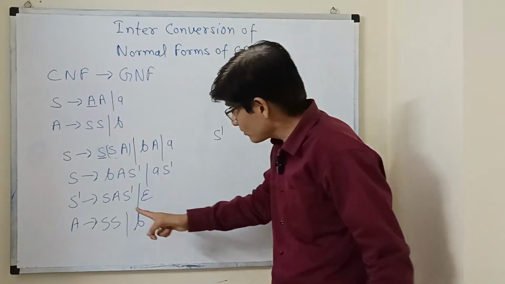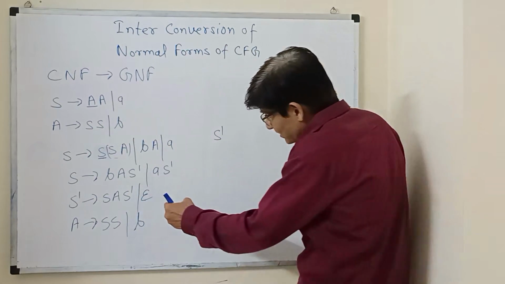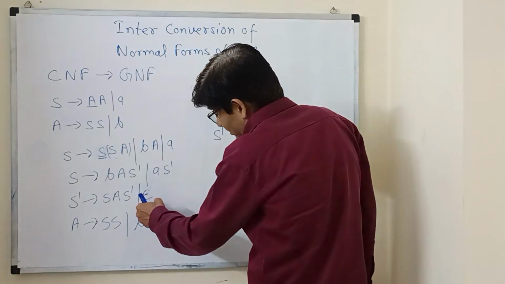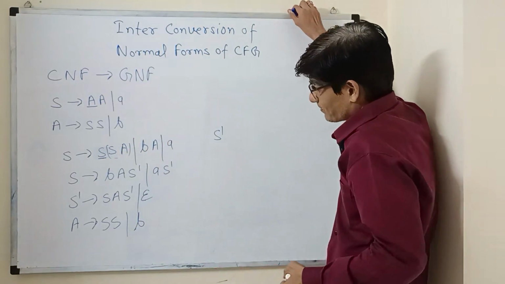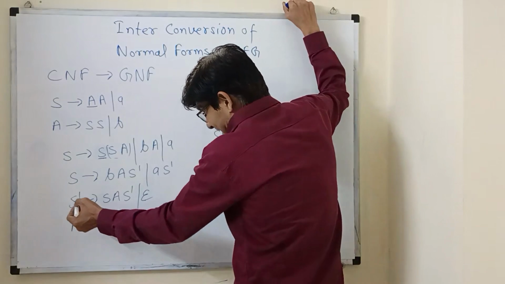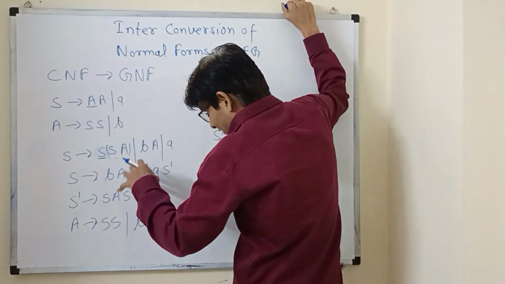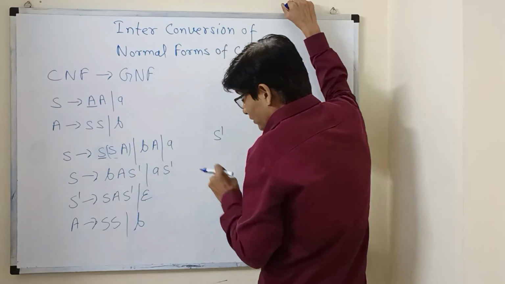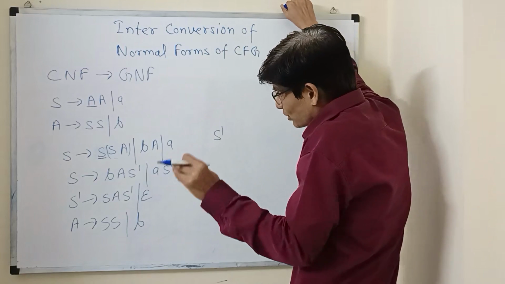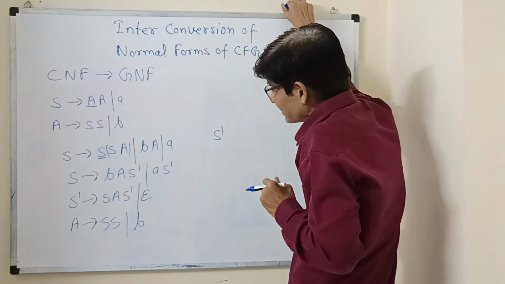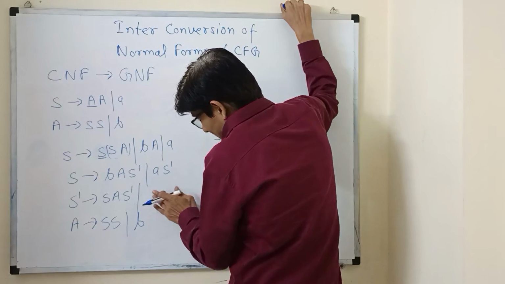So we can remove this epsilon production from here. Now if I remove this epsilon production from this grammar, we can see how. Where S dash is generating epsilon, wherever we have S dash on the right-hand side, we will replace it with epsilon, and whatever new productions are generated, we will add. So now we will remove this S dash gives epsilon.